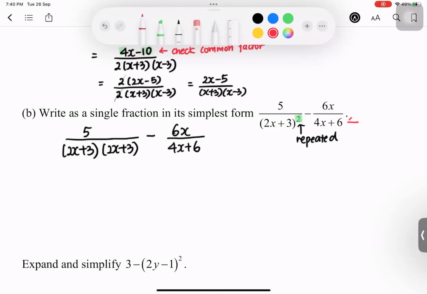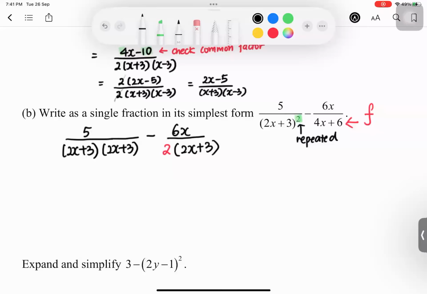Check. Can you factorize this or not? Is there any common factor? Anyone can tell me what's the common factor here? 2. Yes, got 2. So I can factorize out 2, then bracket 2x plus 3. Is that correct?